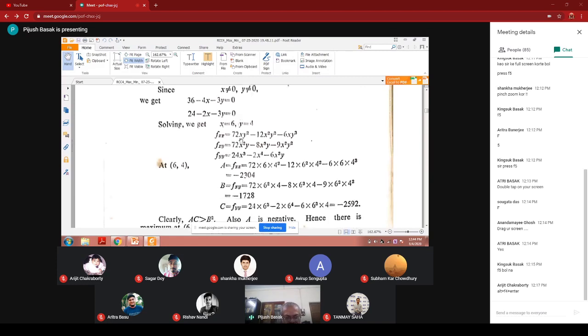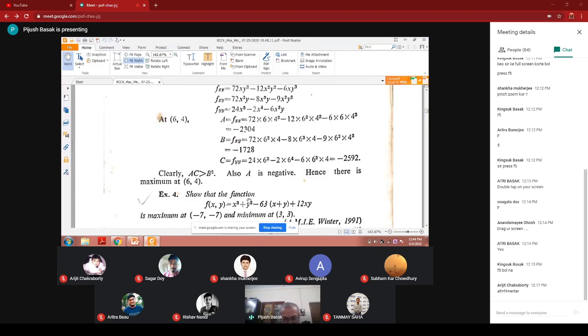Now my job is to solve it. Anyhow, f_xx is this second derivative. Just take a pen and paper, you will get this. f_xy is this, f_yy is this. At the point 6, 4, a is minus 2304, b is minus 1728 after calculation, so c is minus 2592.